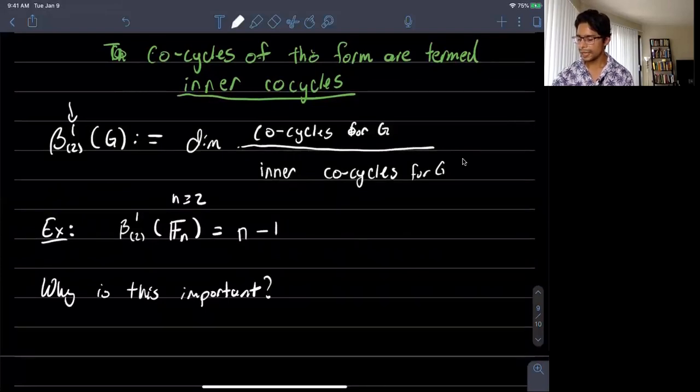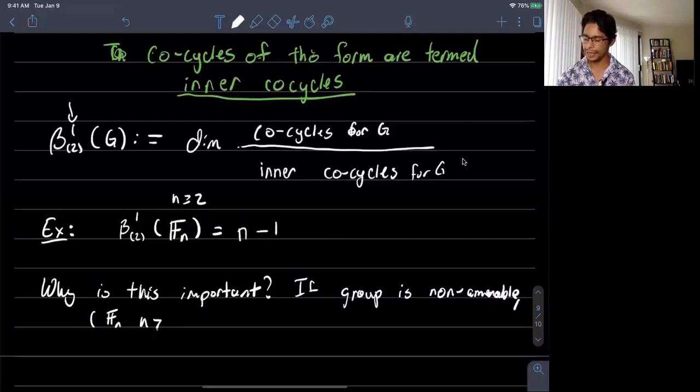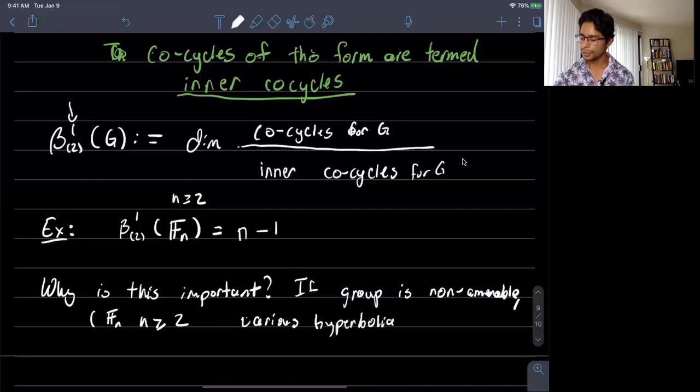Well, it turns out that if your group is non-amenable, more undefined terms, but for now, just F_n with n at least 2, and in fact, various hyperbolic groups are important examples of non-amenable groups.